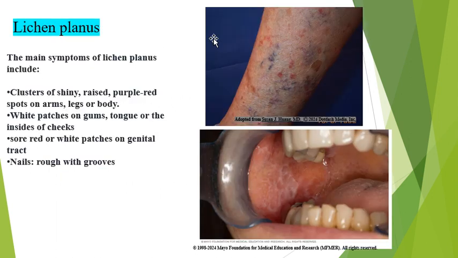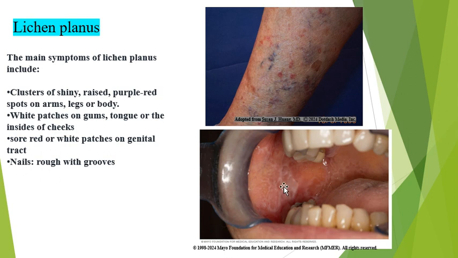As can be seen here, the main symptoms may be clusters of shiny raised purple red spots on arms, legs, or body, like this one, or white patches on the gum.